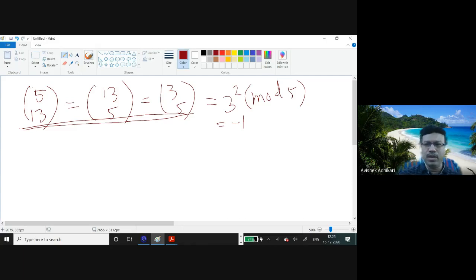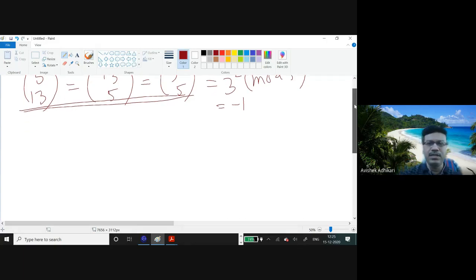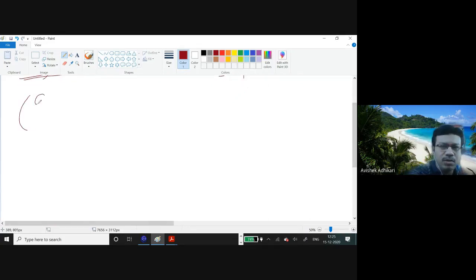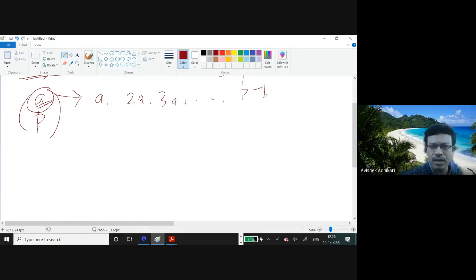So Gauss lemma is basically used to calculate Legendre symbols (A/P), where P is an odd prime and A is an integer relatively prime to P. Gauss says that you take A, then consider A, 2A, 3A up to (P minus 1)/2 times A. For example, for (5/13), A is 5, then 2A means 10, 3A means 15, 20.